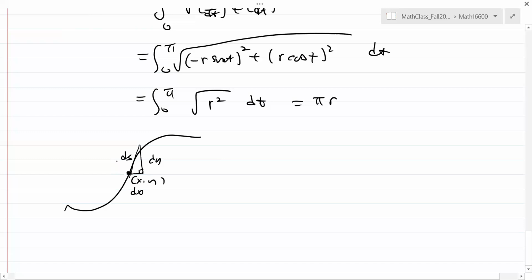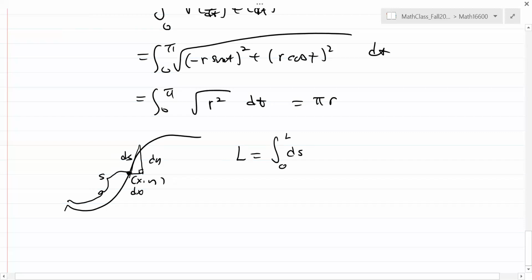So the total length is just adding them together. Integral means add together those tiny bits. So s goes from 0 to L, and adding them together means the integral of ds.